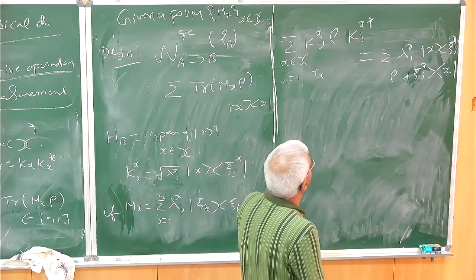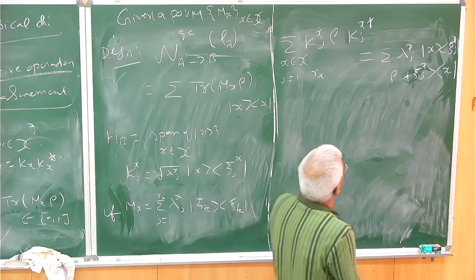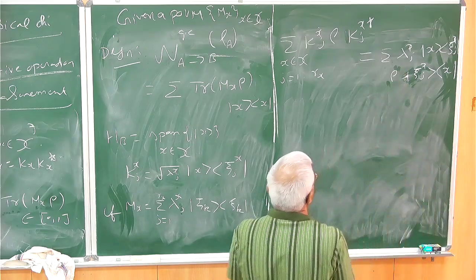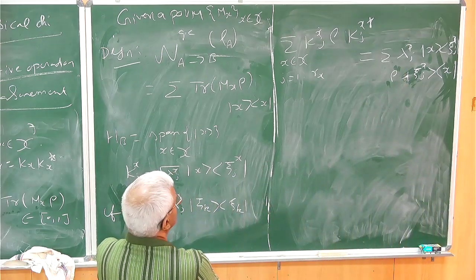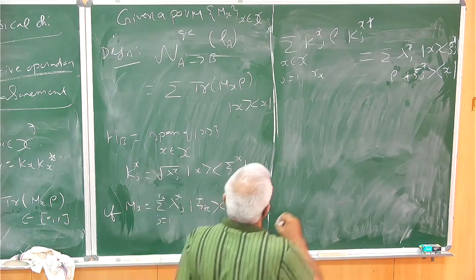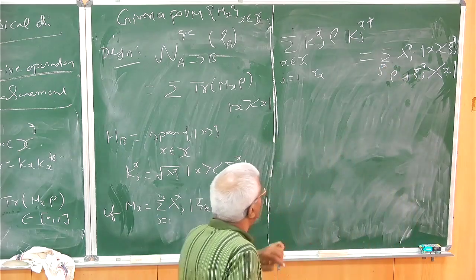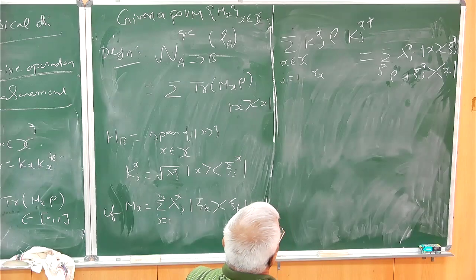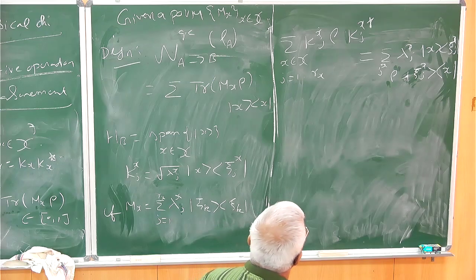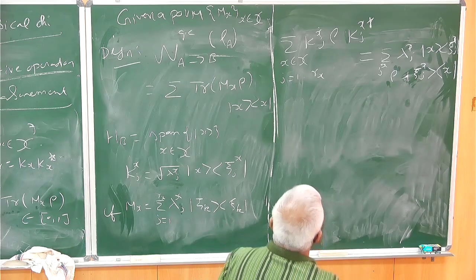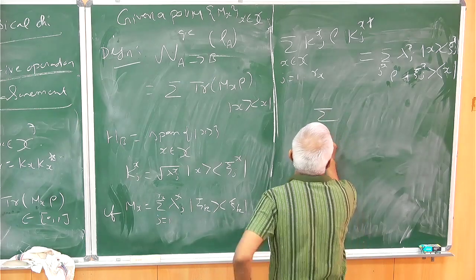Yes, rho, this is correct. Summation over x and j from 1 to R_x.